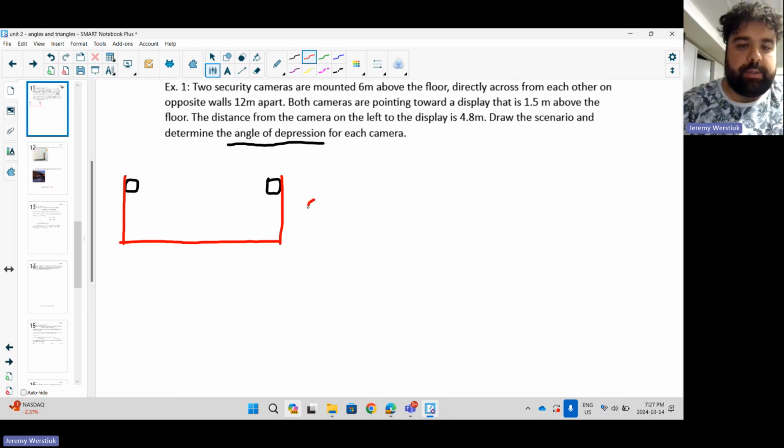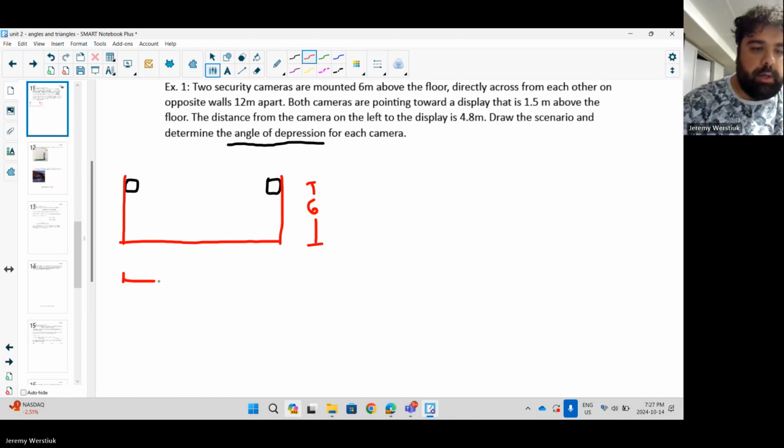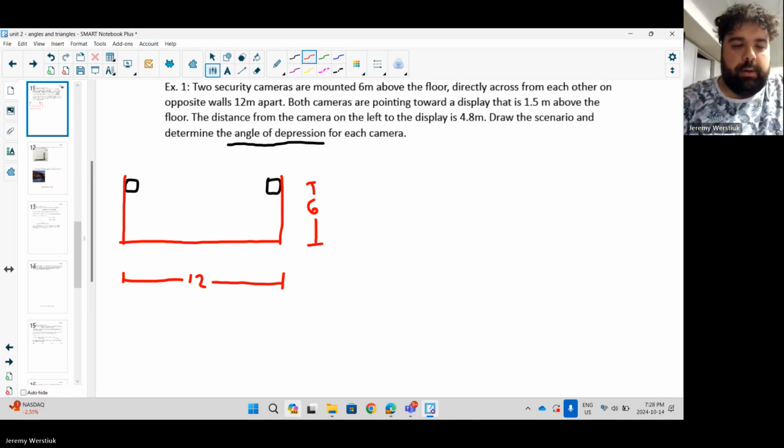I'm going to draw it just over here for a certain purpose. We're going to see that here in a little bit. They're both 6 meters above the floor. So from here all the way down to the floor is 6 meters. I know these walls are going to be 12 meters apart, right? So from there to there is 12 meters.